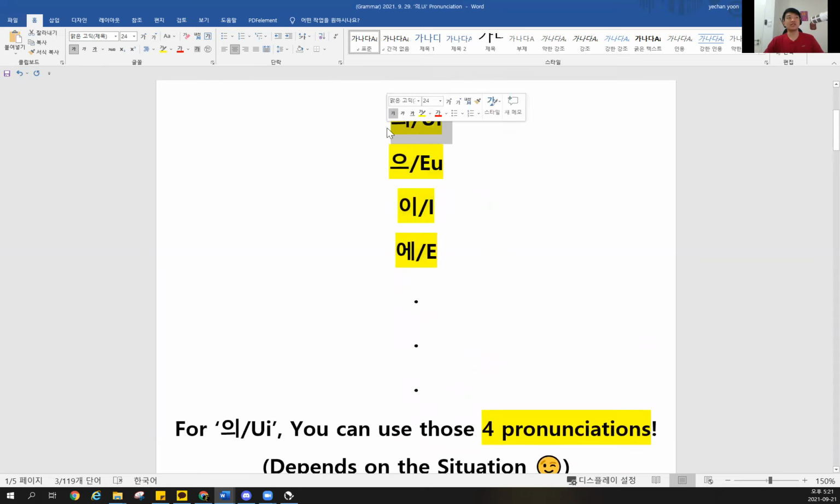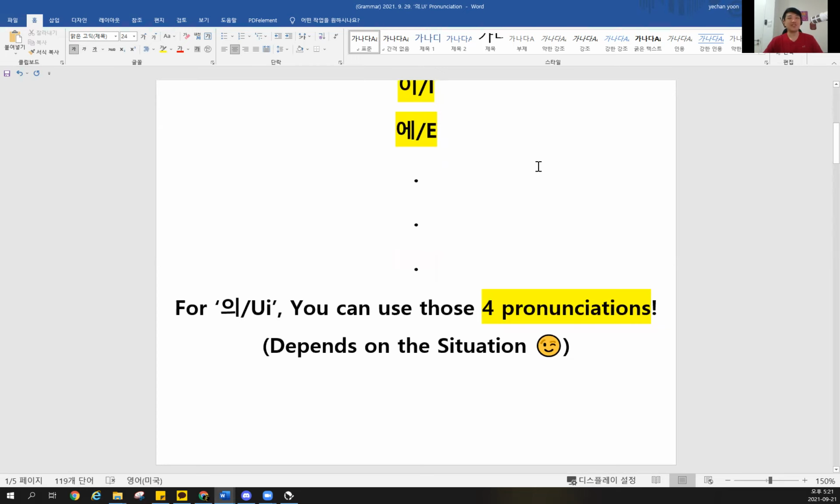Writing is going to be like this, but when we speak out with Korean, these three sounds can also be read as 의. To sum up, 의 can be written down like this, but the pronunciation can be changed, like ư or e. So it's really kind of difficult.